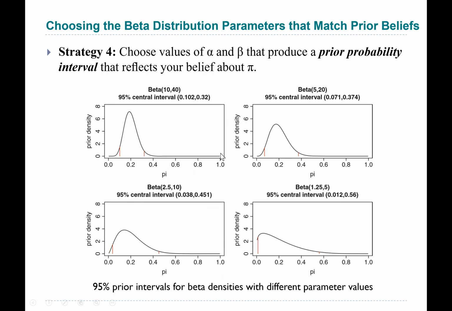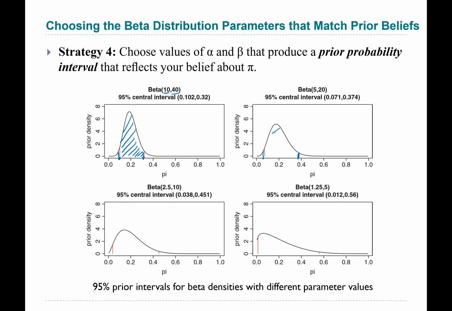The last strategy is that you graph many density functions with a 95% central interval. For example, this one is alpha is 10, beta is 40, and this is the 95% probability. So you believe that the value is between these two values with 95% probability.